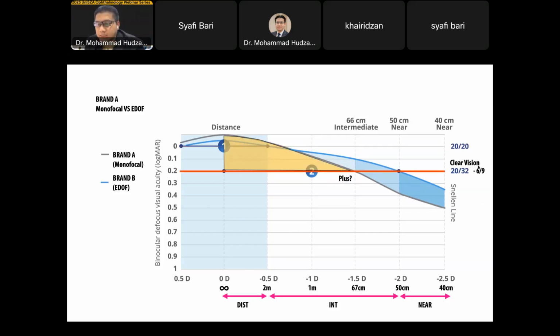But if we decide the clear vision as 6.9, the monofocal can provide a clear vision until 67 centimeters, as if it is behaving as a monofocal plus. So that's why we can hear now, a few brands coming to us, they will say that, actually, doctor, our brand is not monofocal, it is a monofocal plus, because it can provide a bit of intermediate.